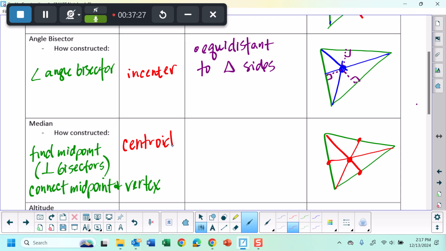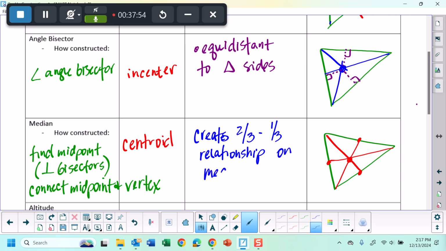And the centroid is pretty cool because it creates a 2/3, 1/3 relationship on your medians.